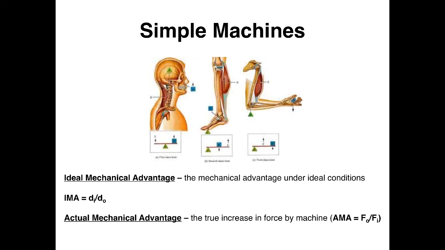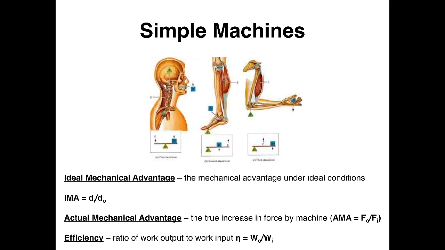The actual mechanical advantage is the true increase in force by the machine, and actually the output force divided by the input force in true situations would be the actual mechanical advantage. The two distances are measured and objective and therefore show the ideal mechanical advantage. The actual output divided by the actual input shows the actual mechanical advantage. And we'll show you this in several example problems.